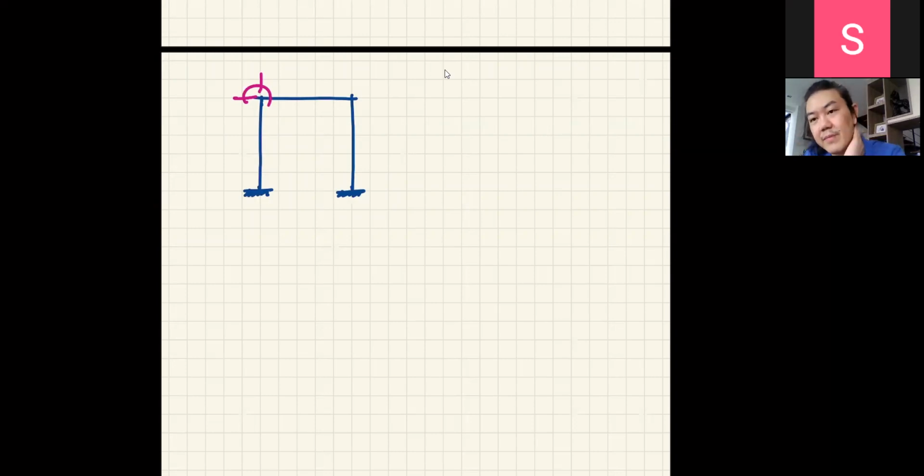So 3 degrees of freedom each. There's another joint here. So in the beginning, we know that this system has 6 degrees of freedom.